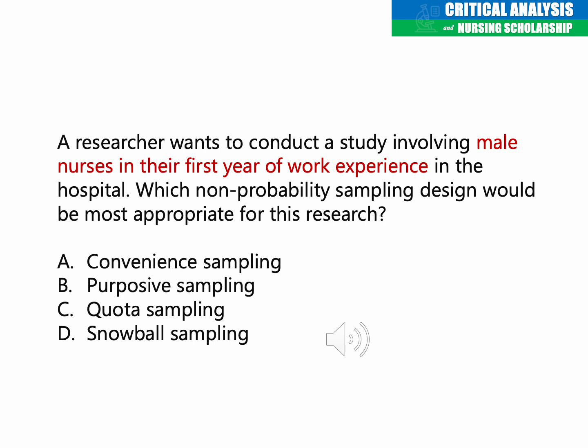B. Purposive sampling, quota sampling, and snowball sampling. The answer is purposive sampling, because in here you are selecting your respondent based on specific characteristic. First, male nurse. Second one, first year of work experience. Hence, the answer is purposive sampling.